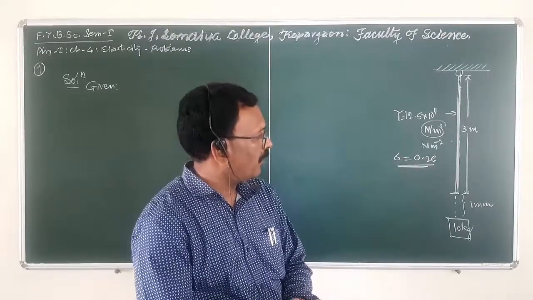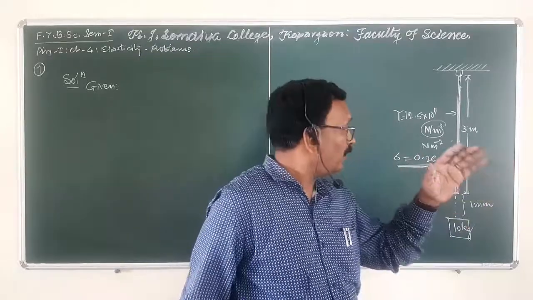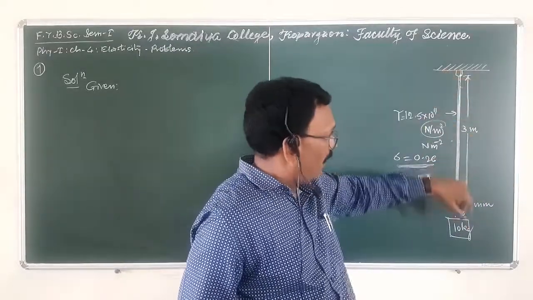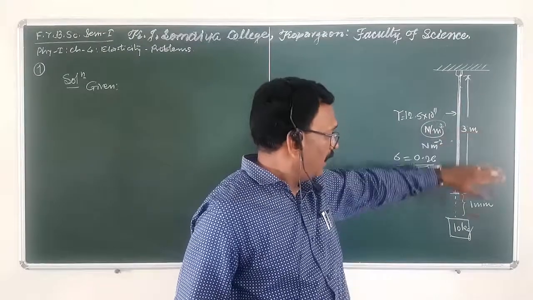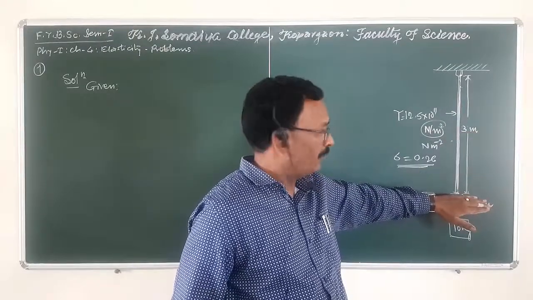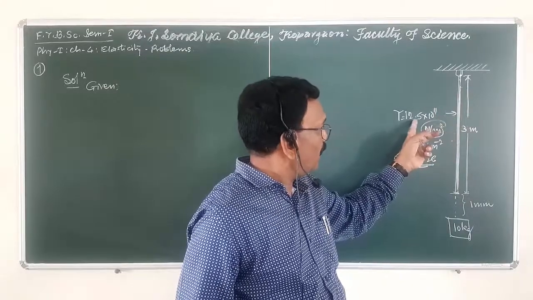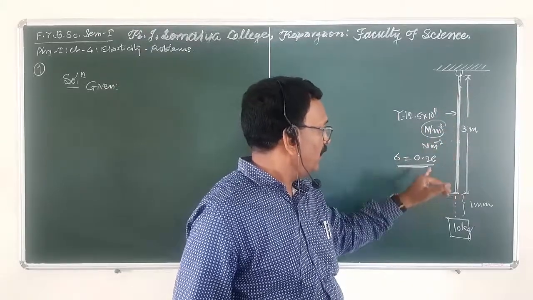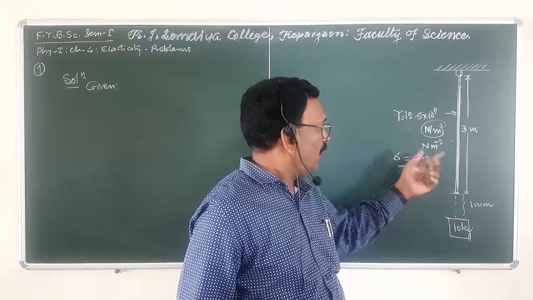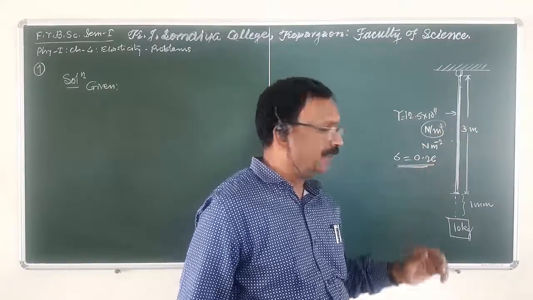Again, I am going to explain the problem, and we are going to then find out the solution. We are having a wire whose length is 3 meter before the application of load. The Young's modulus of this wire is nothing but 12.5 into 10 raised to 11 Newton per meter square, and Poisson's ratio of this wire is 0.26.